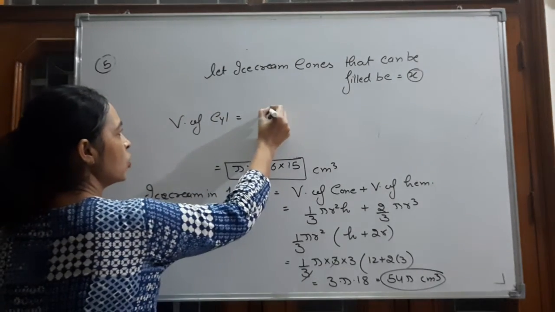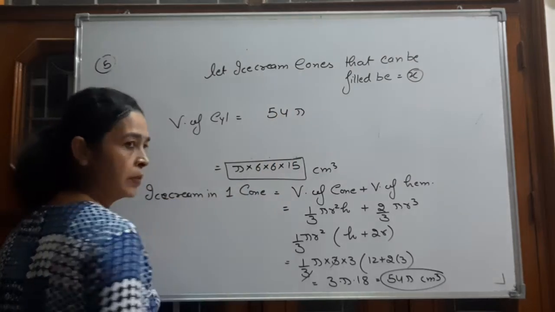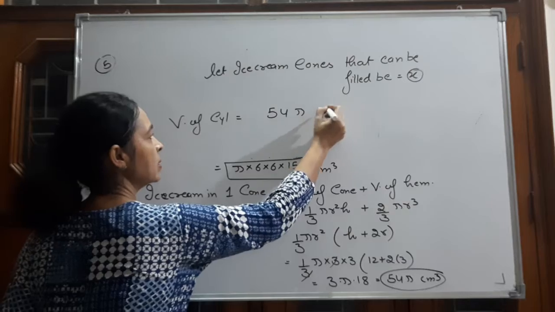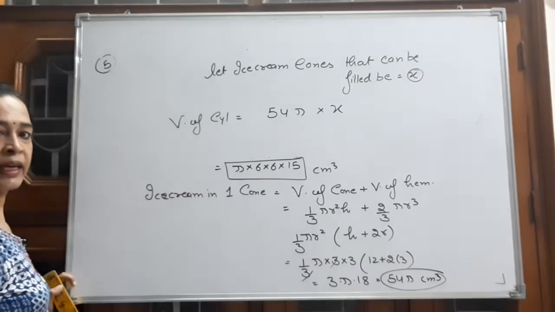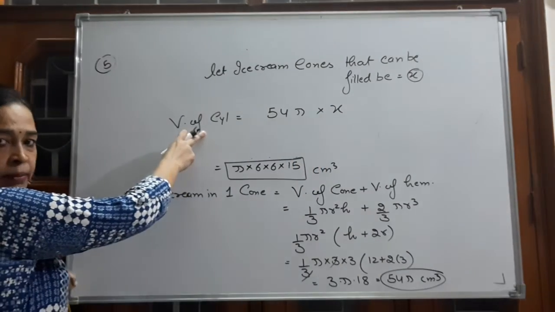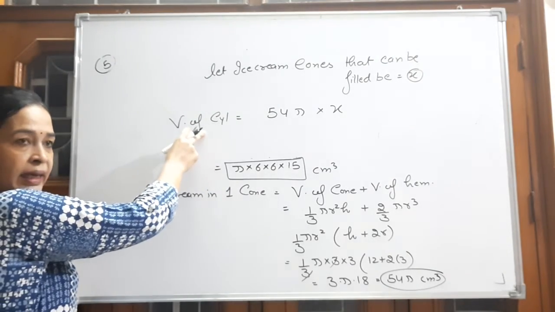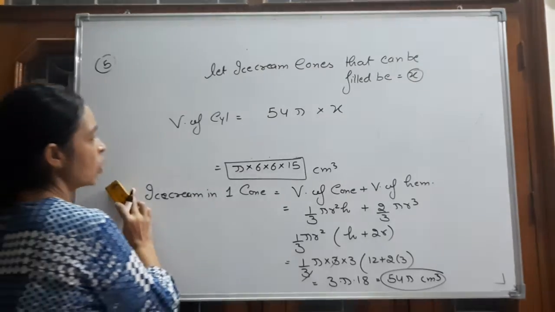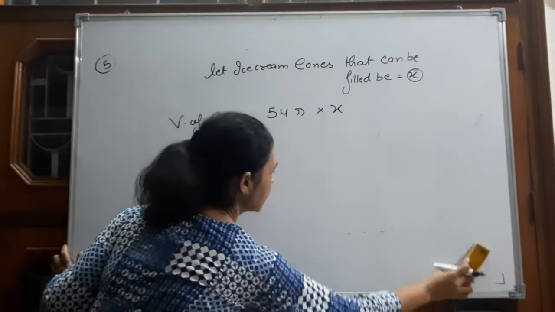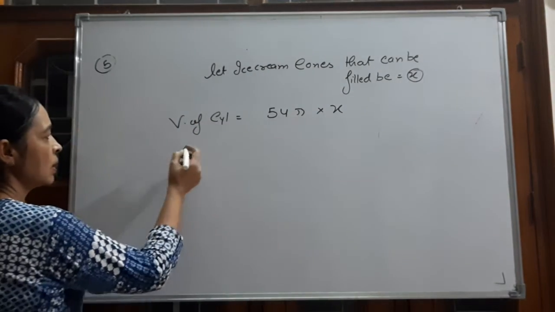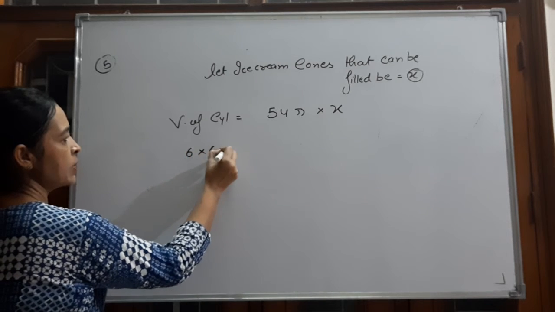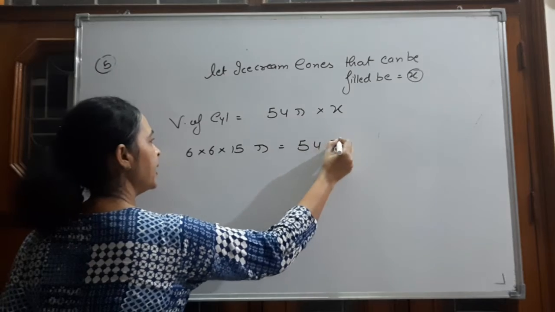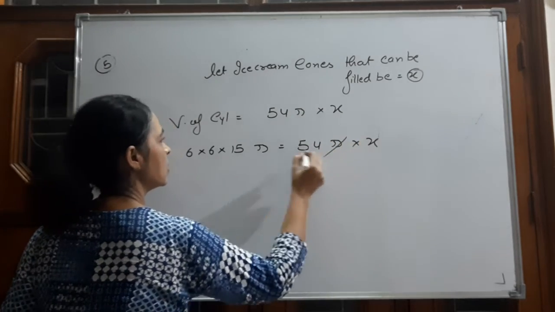Ice cream in one cone is 54 pi, and we are saying the number of ice cream cones that can be filled is x. Then the ice cream in one cylindrical container will be equal to x into ice cream in one cone. What do we have to find? We have to find x, the number of cones. What was the volume of cylinder? 6 into 6 into 15 pi equals 54 pi into x.